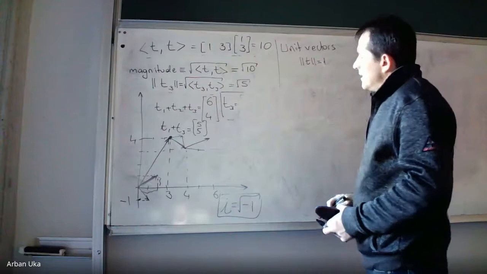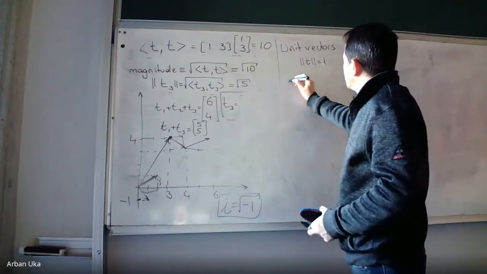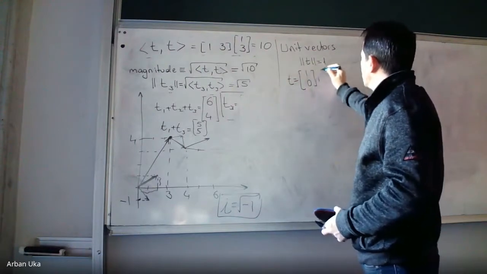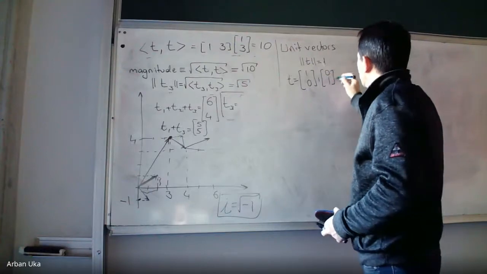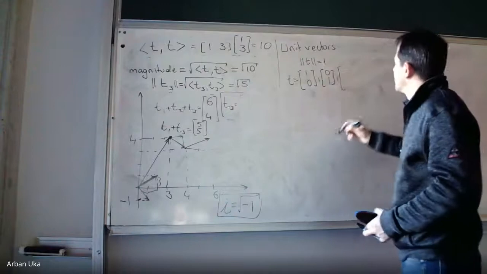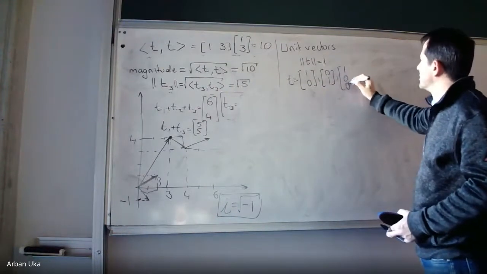For example, what is a unit vector? Simply 1, 0. 0, 1 is another vector. Also, if the vector is in R3 space, this can be 1, 0, 0.